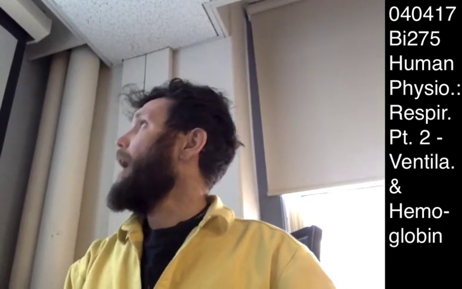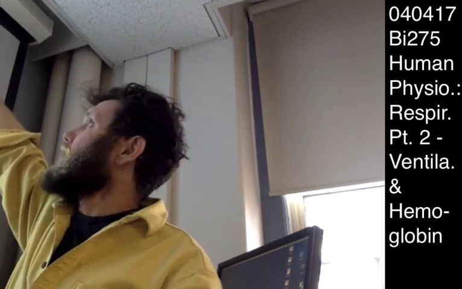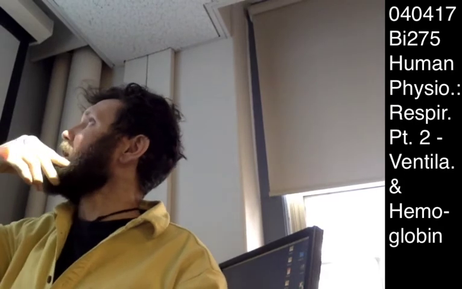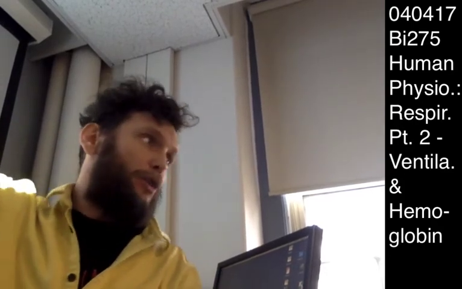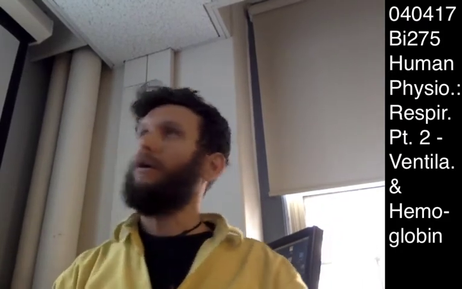At this point, the saturation rate for hemoglobin is essentially 100%. So when hemoglobin finds itself at 100 torr, the affinity for oxygen is pretty much maxed out.